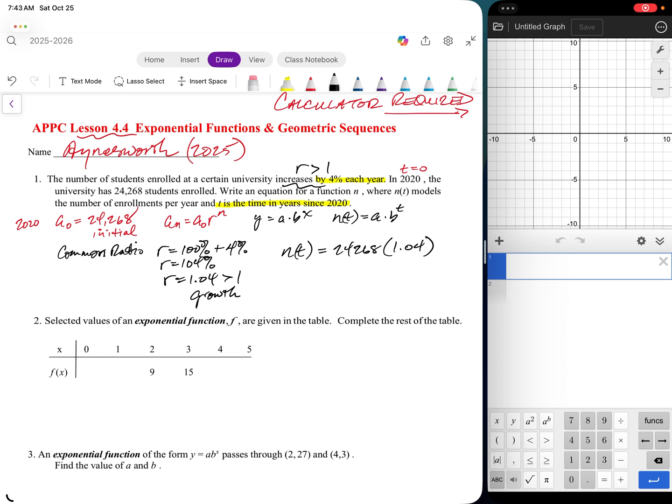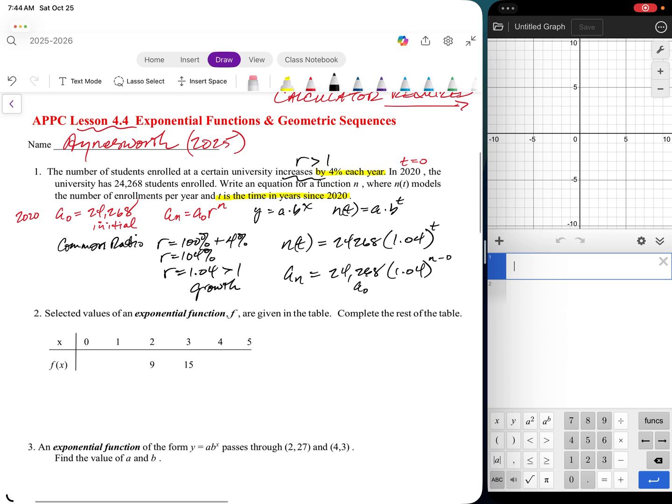In sequence notation, it would look like a sub n is equal to 24,268 times 1.04 to the nth power. Now, it's not n minus 1 because we're referencing a sub 0. You could write n minus 0, but that'd be kind of silly. If you want to write it with respect to 2021, that'd be to the n minus 1 power, but we don't know a sub 1, one year after 2020. We haven't calculated that yet. And there we go.